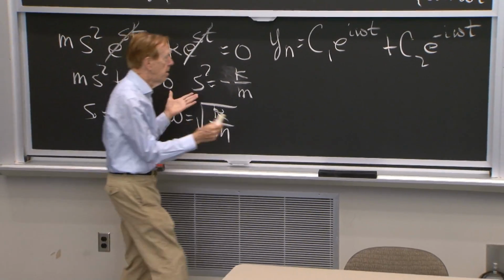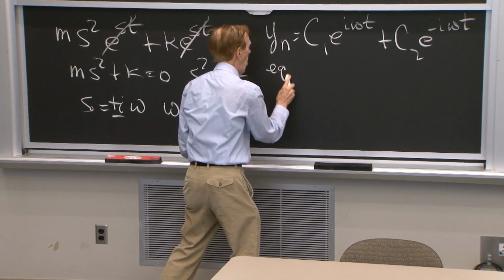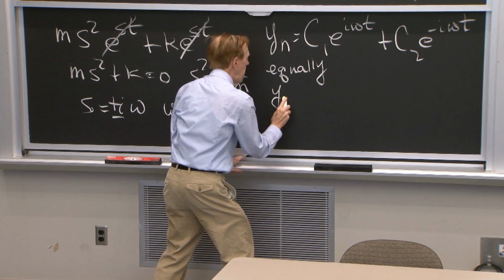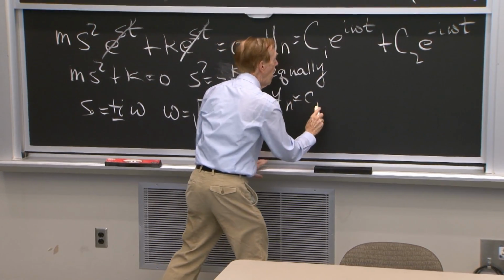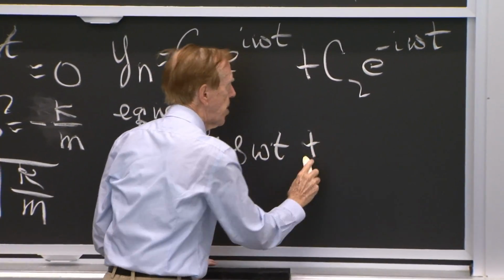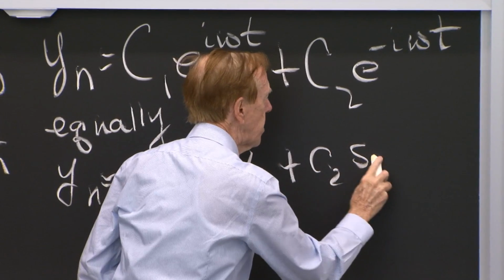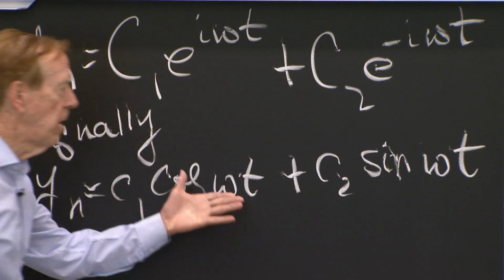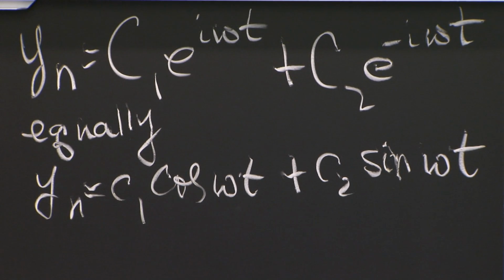But equally, y_n is a combination of cos omega t and sine omega t. And maybe you like those better. I think everybody practically likes those better.